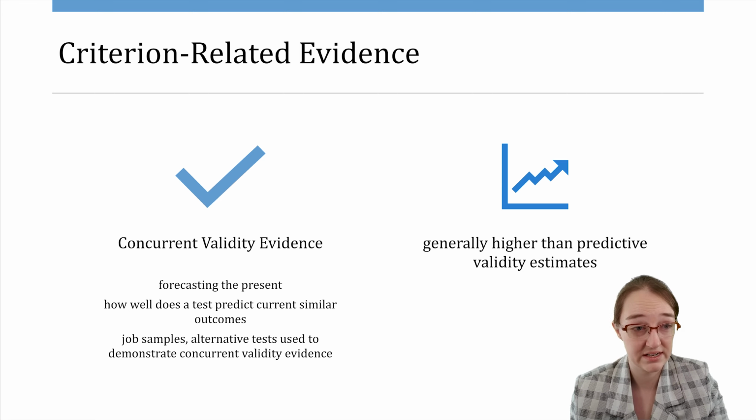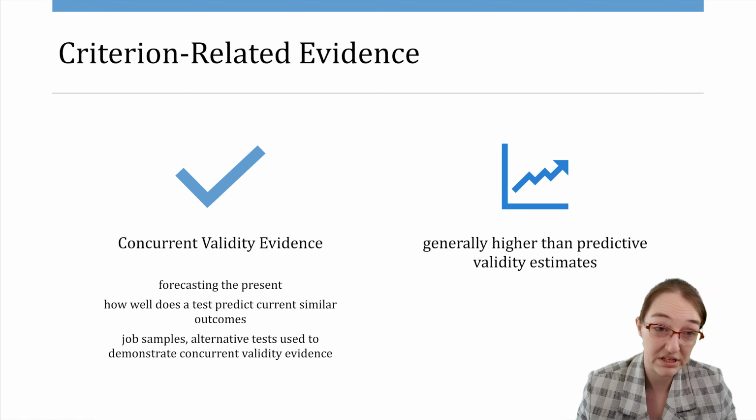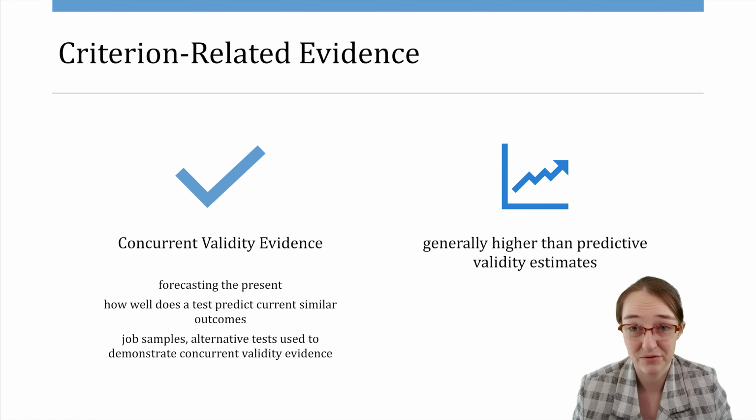Now, concurrent criterion-related evidence is generally higher than predictive because you're forecasting the present. So how well does a test predict a currently similar outcome? Job samples and alternative tests used to demonstrate current validity are all ways to do this.